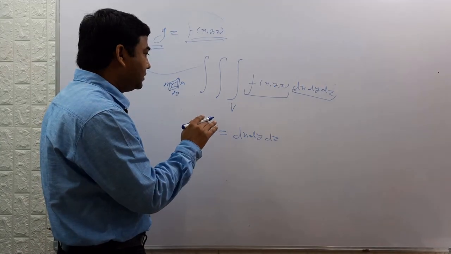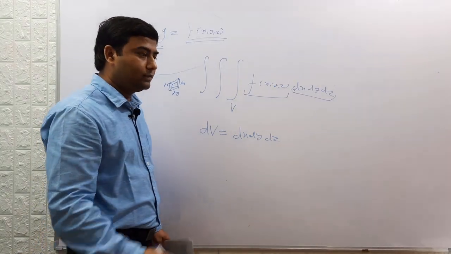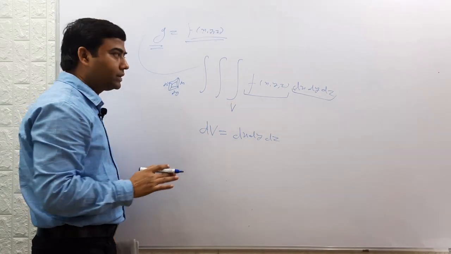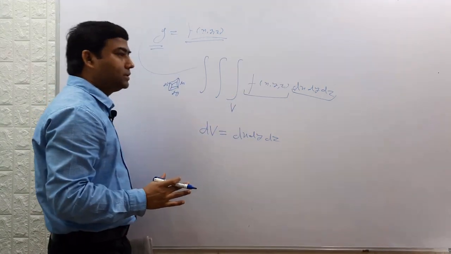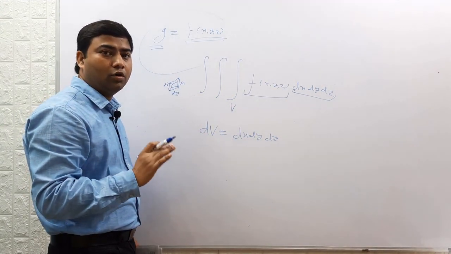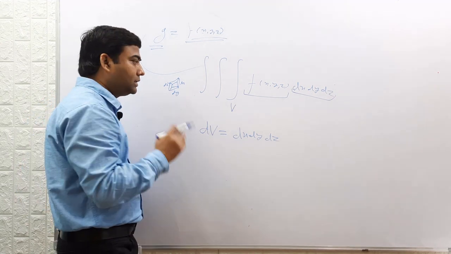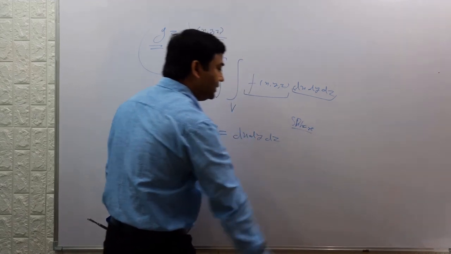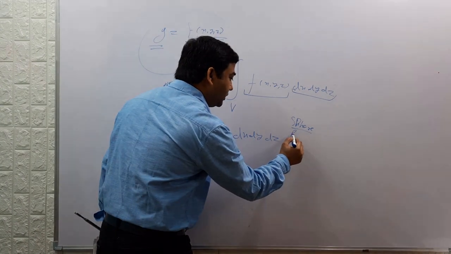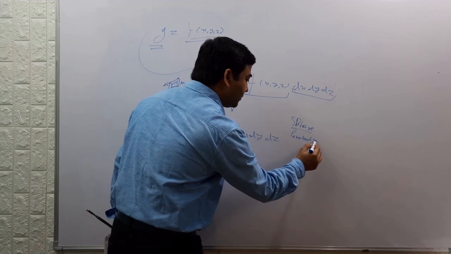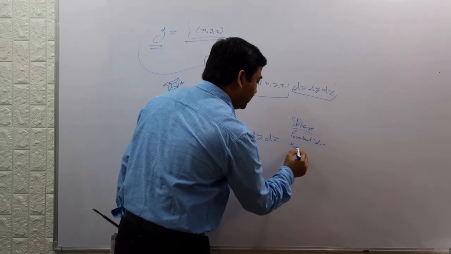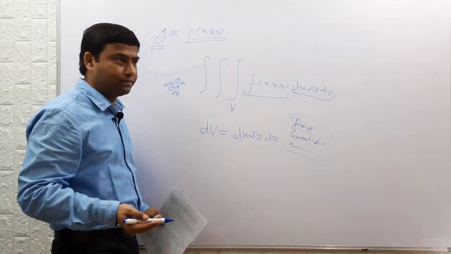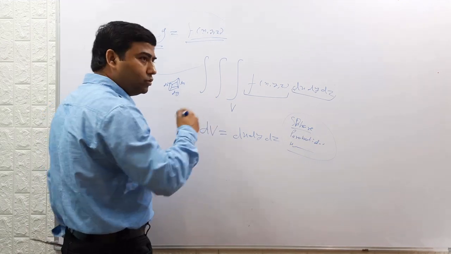Similar to double integration, which is carried out over a region, this is carried out over a volume. Here you will have the function f(x, y, z), and a volumetric shape, like a sphere, paraboloid, hyperboloid, hemisphere, any volumetric shape.